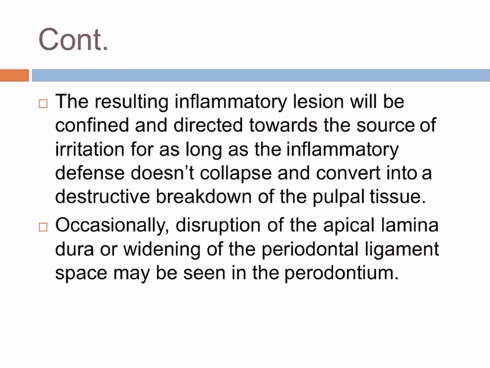What is the early sign that you can see? You can see widening of the periodontal ligament, and radiographically there is disruption of the apical lamina dura, and the space is increased in the periodontium. Widening of the periodontal ligament means there is an increase in the width of the lamina dura.